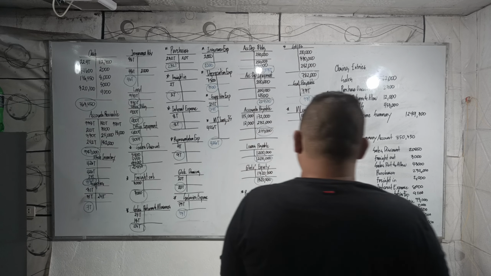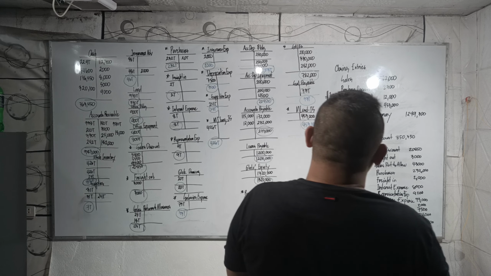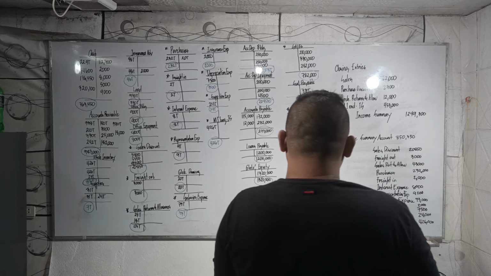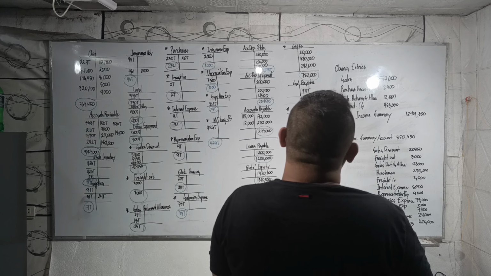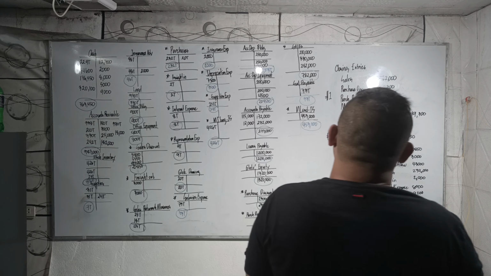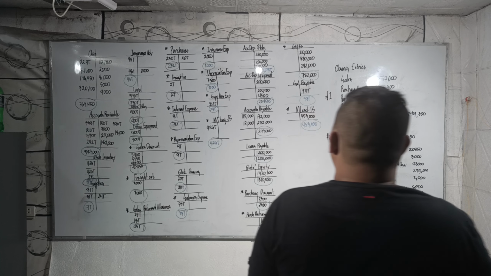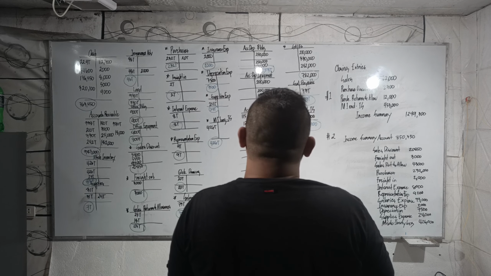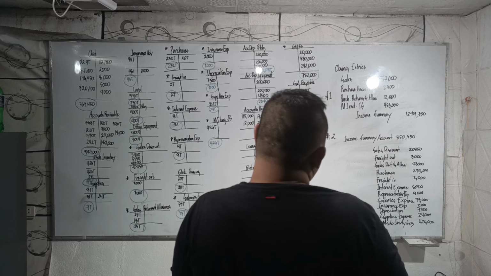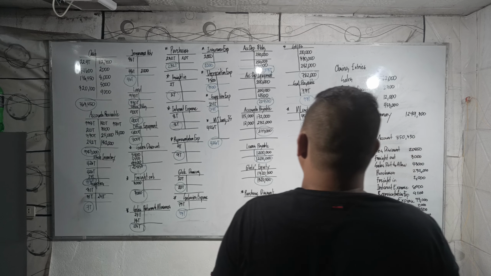What? Why? Do we have something that we did not account for? We have sales 782. Let me check what's the difference.